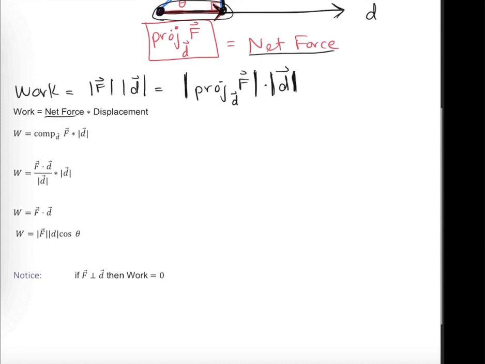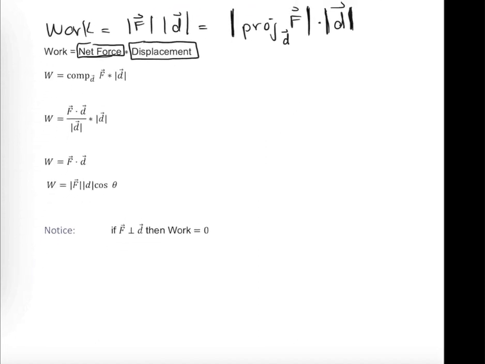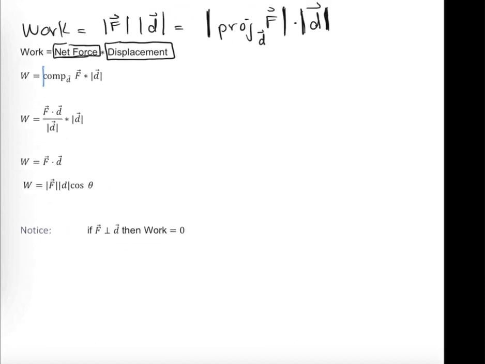So the work is obtained by isolating that component, isolating that projection vector and its magnitude, and then multiplying that by the overall displacement. Let's remember that the magnitude of the projection vector is basically the component of F onto D, right? So that is the signed magnitude of our projection of F onto D. And the component of F onto D, we calculate with this formula here, F dot D over mag D. This, of course, is a scalar quantity representing the length of that projection vector.